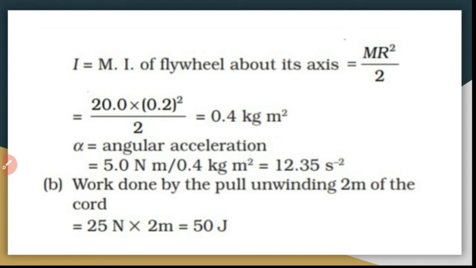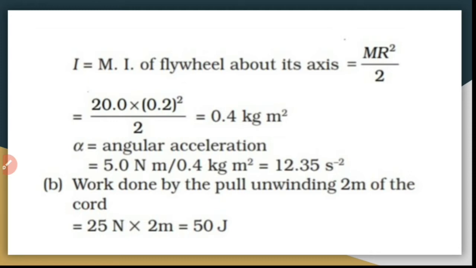Now coming to the B part: what is the work done by the pull in unwinding 2 meter of the cord? You can imagine that situation when we pull the cord down, the end of the cord, that is the point of application, undergoes a displacement of 2 meter. The cord gets unwound means the point of application of the force has a displacement of 2 meter.